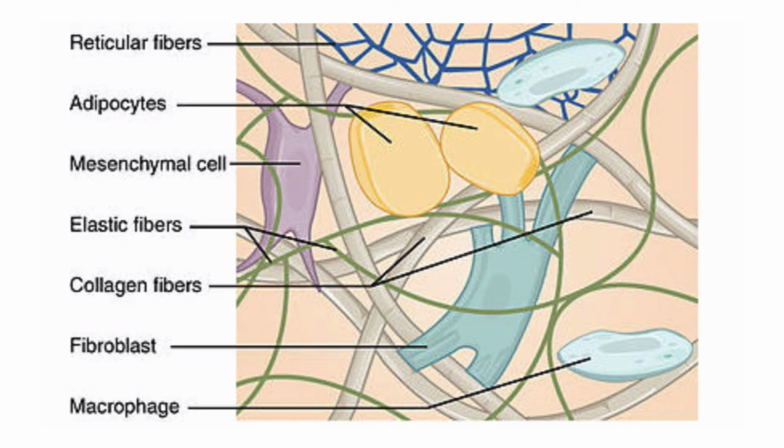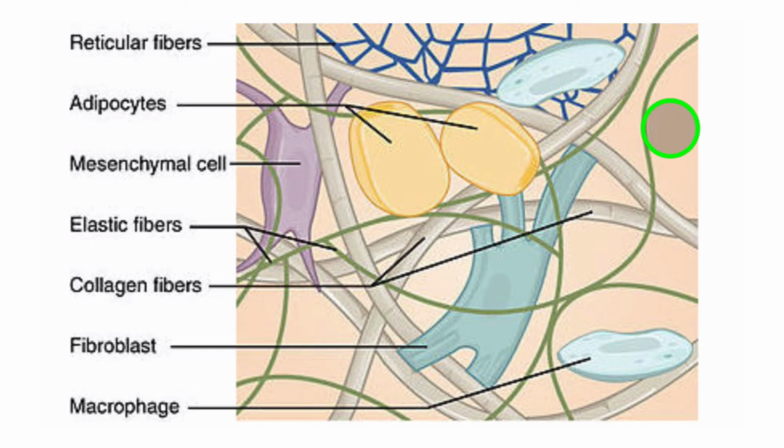If we look at this slide right here, the main thing I want you to see in this slide is that there's a lot of open space. And we see some cells here. Here's a macrophage. Here's a fibroblast. These are adipocytes. So this is just a general depiction of connective tissue, but there is a lot of open space. If I was to describe this particular connective tissue, I would call this areolar connective tissue.